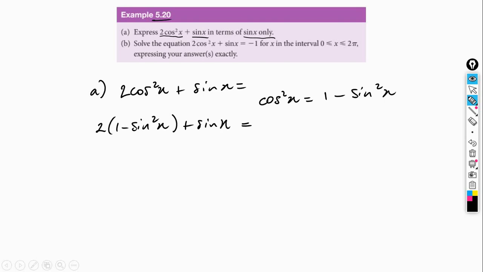And this is going to equal 2 minus 2 sine squared of x plus sine of x. Now for part B, they want us to solve this equation over here. But notice that the left-hand side is the same as this. So I'm going to erase, and we're going to solve for part B.